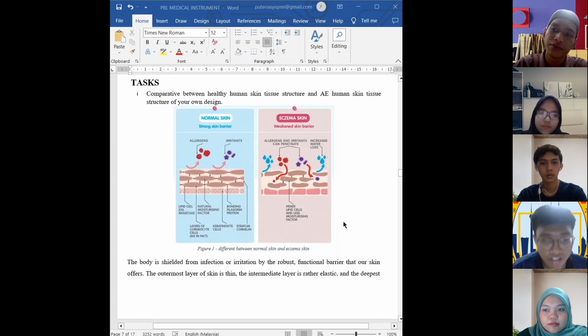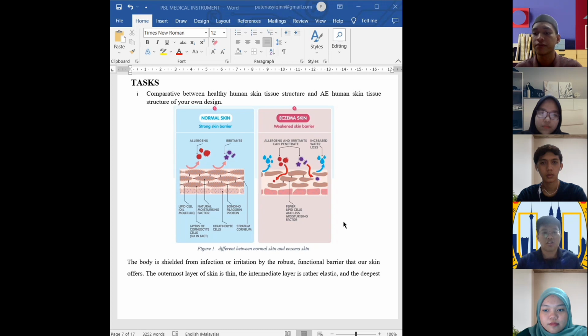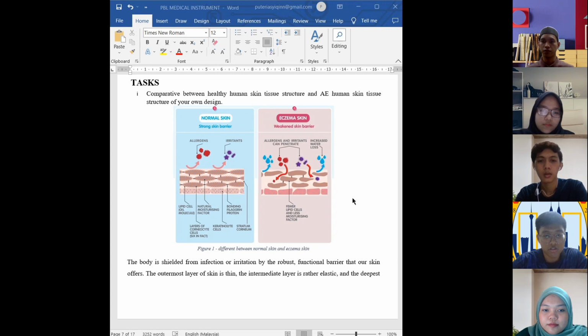My name is Ahmad Azim. So task 1 is about the comparison between healthy human skin tissue and atopic eczema human skin tissue. From the diagram you can see the difference. For normal skin, we have strong bonding of the molecules, so we can avoid allergens and irritants.